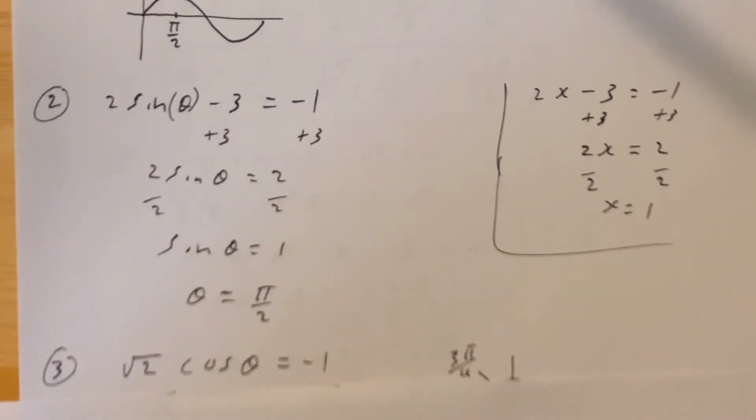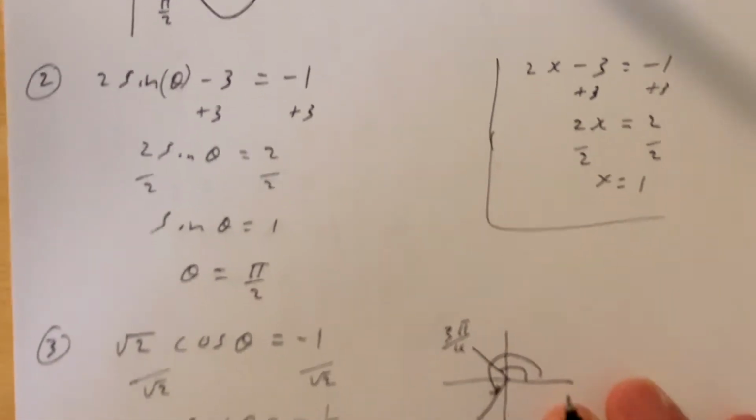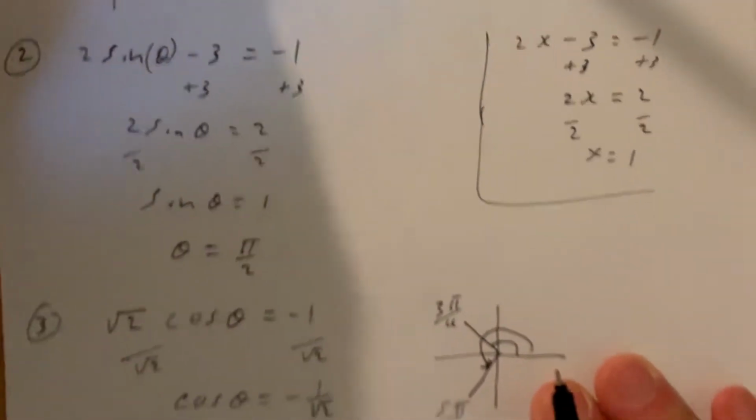Okay, this example, root 2 cos theta equals negative 1. Well, again, you're going to divide both sides by root 2. And you got something like this. Okay, and cos theta equals negative 1 over root 2. So cos is negative in quadrant 2 and 3.